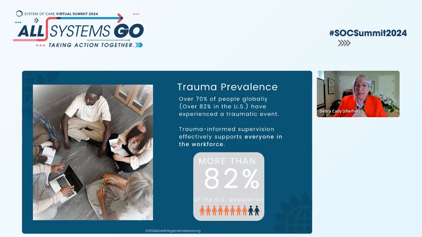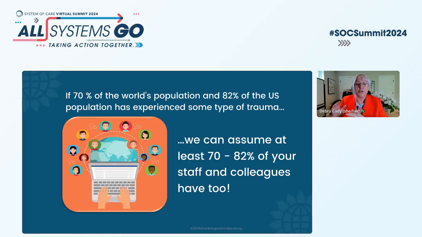And COVID had a lot to do with that, but it's so incredibly prevalent. So here's the thing. These statistics are true. So if that's true, which it is, we can assume at least 70 to 82% of your staff and colleagues have experienced something as well.